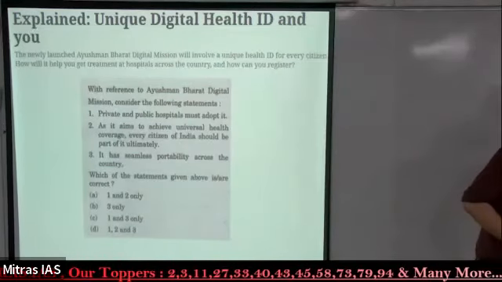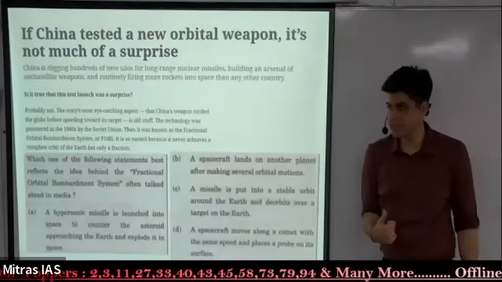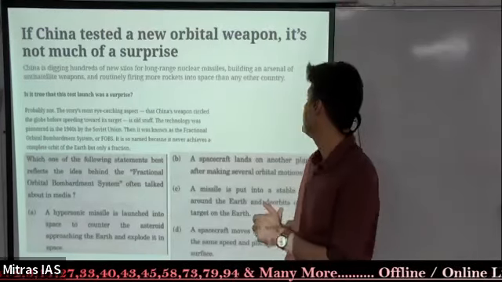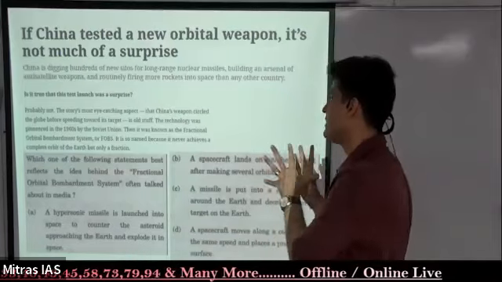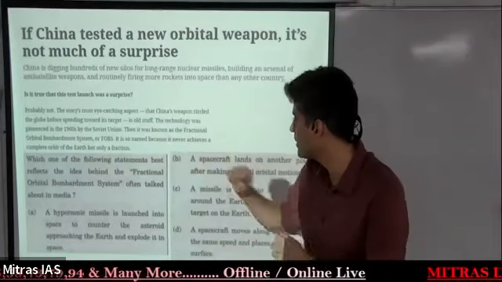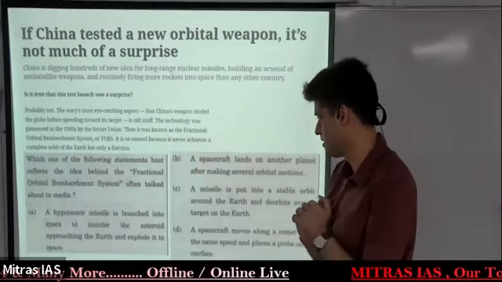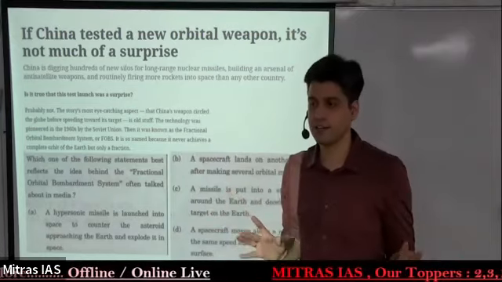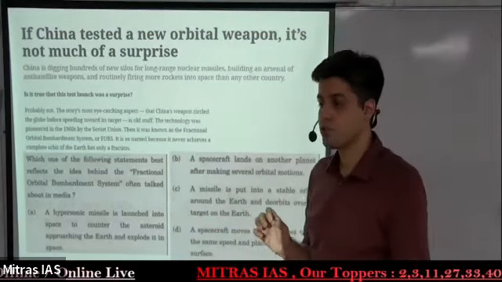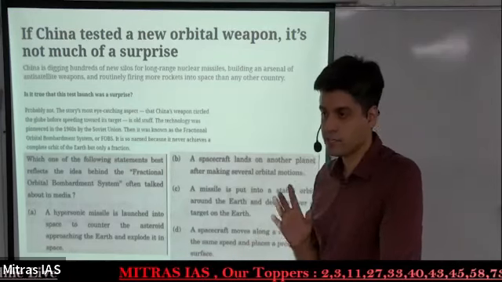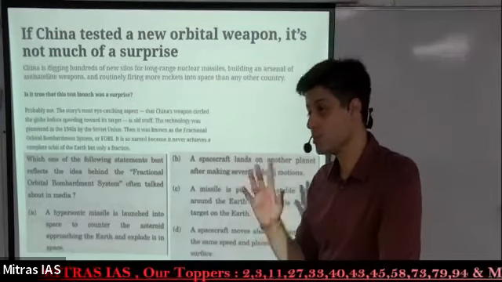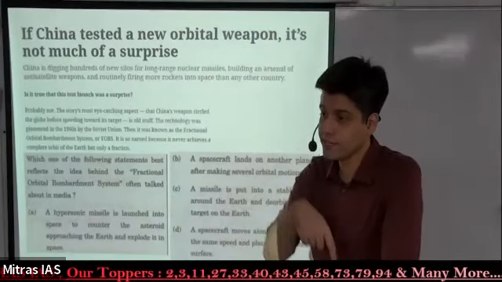Right. So if China tested a new orbital weapon, it's not much of a surprise. And in that, I've read about the Fractional Orbital Bombardment System, or FOBS. Even if you've not read this article, a hypersonic missile was recently tested by China, which the US claimed had passed over their territory.